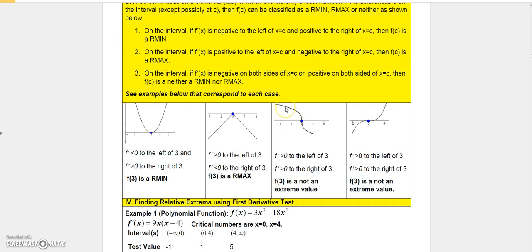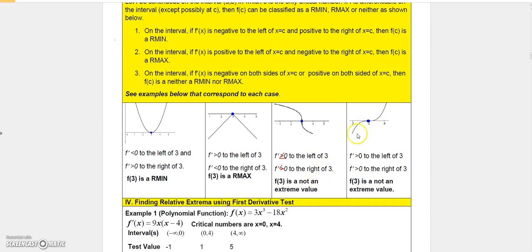I'm sorry, I had it written wrong here, so let me correct that. Just a typo. So the derivative is less than 0 to the left of 3, and the derivative is less than 0 to the right of 3. So therefore f of 3 is not an extrema.